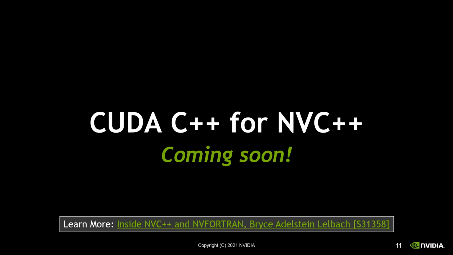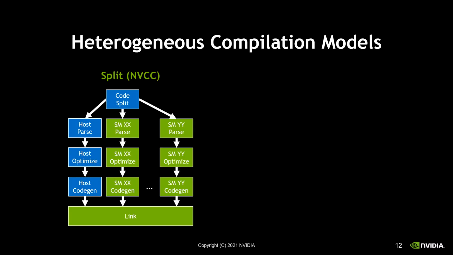Earlier this week, we announced that CUDA C++ is coming to NVC++ in the near future. NVCC and NVC++ have completely different compilation models. NVCC uses a split compilation model where an external host compiler is paired with a device compiler. NVCC splits code into target-specific variants during preprocessing before compilation even begins.